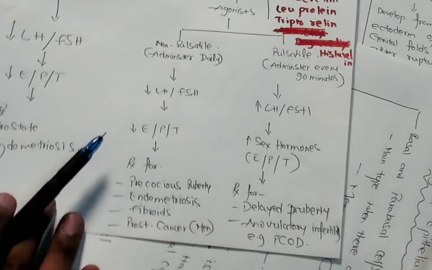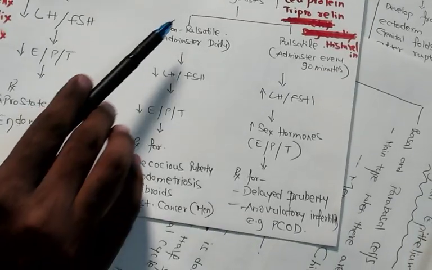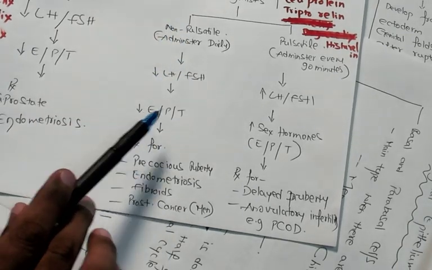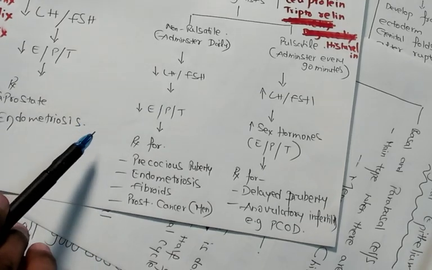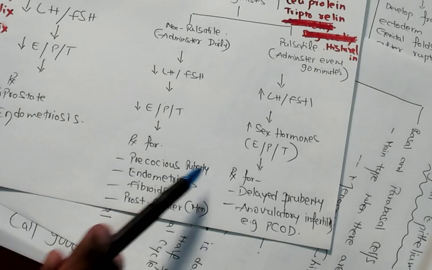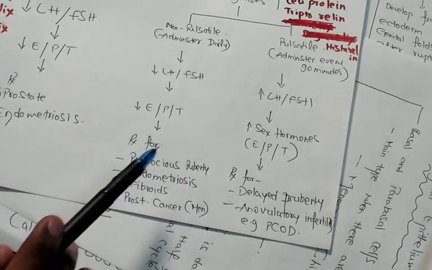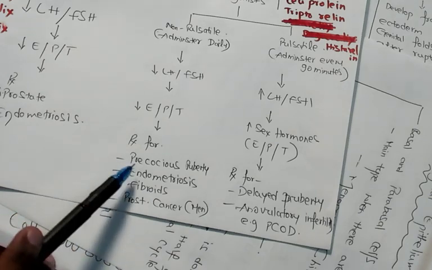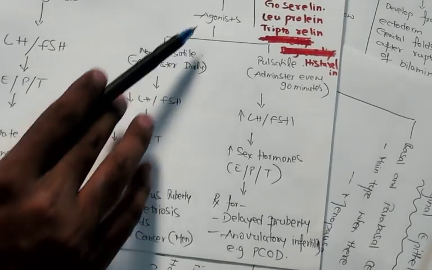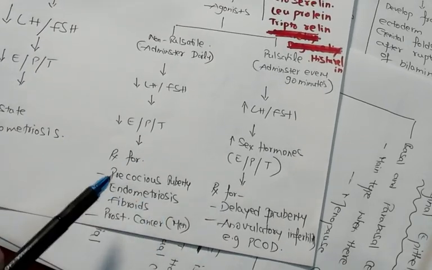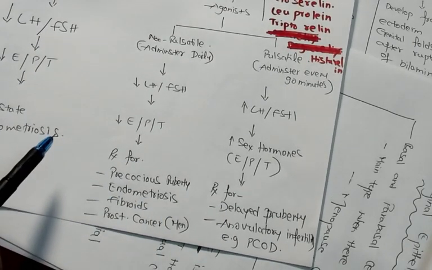So where do we want to use in non-pulsatile way and decrease LH, FSH and decrease estrogen, progesterone production, doctor? If there is a precocious puberty, I don't want this precocious puberty, I don't want estrogen. Give an agonist in a non-pulsatile way. Endometriosis, estrogen dependent condition.